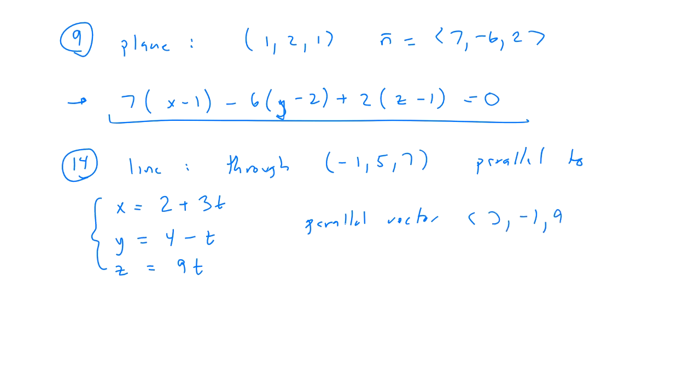Really doesn't like my threes. So 3, -1, 9. So the idea is you should be able to read off the vector from one equation, either the line equation like this one or the plane equation like above. And then again, once you have it, it's like the other one.